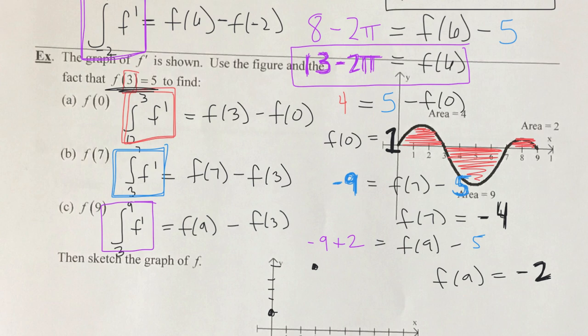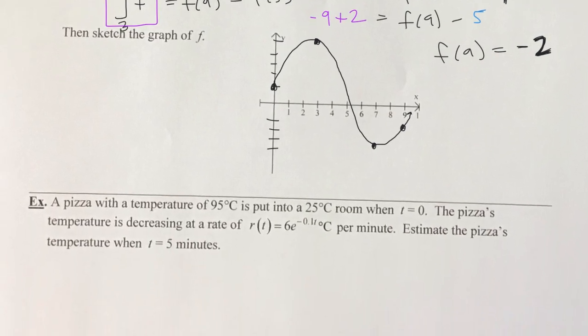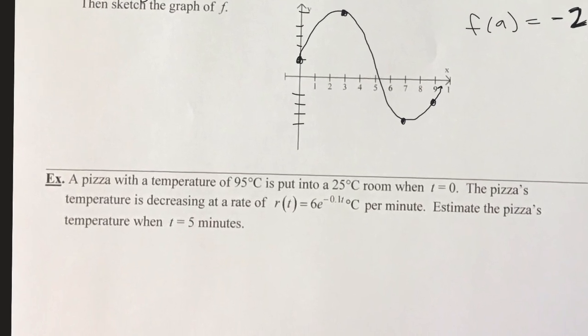And at 9, I'm at -2. So let's make it nice and continuous. All right, I don't know that that's a local max or a min, but for the most part, that looks pretty okay. Okay, so fundamental theorem, right? Pretty nice stuff.